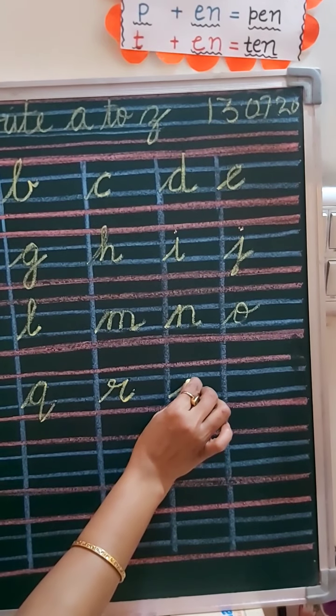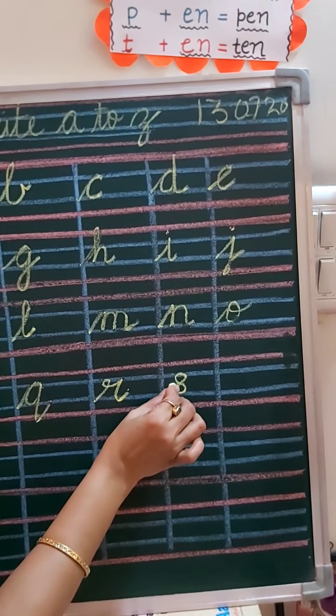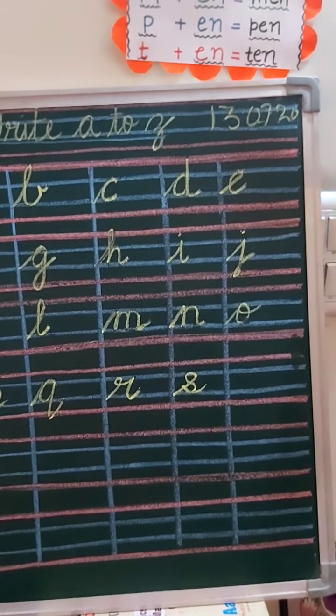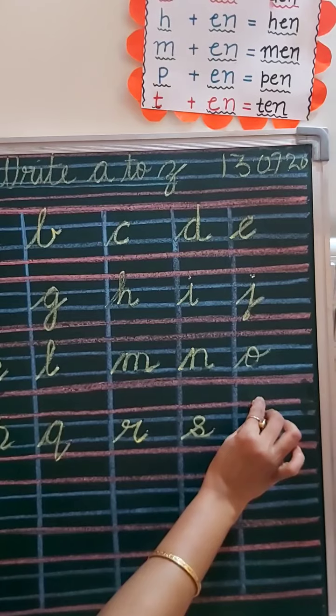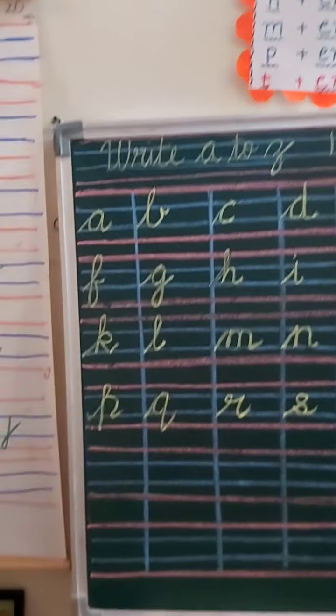S, slant up, a formation like half 8, touch the slant line, go back, a little turn. T, a very slant line, turn like L and a small tick.